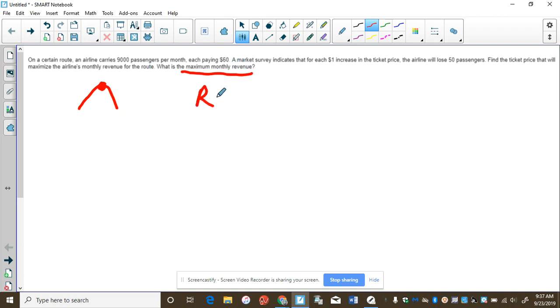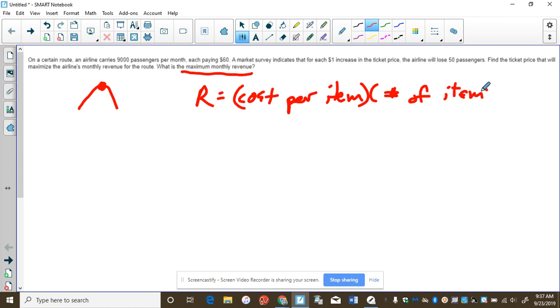Now they want us to maximize revenue. In terms of calculating revenue, revenue is calculated by taking the cost per item, let's say generically, and multiplying the cost per item times the number of items sold, or however you want to look at that.